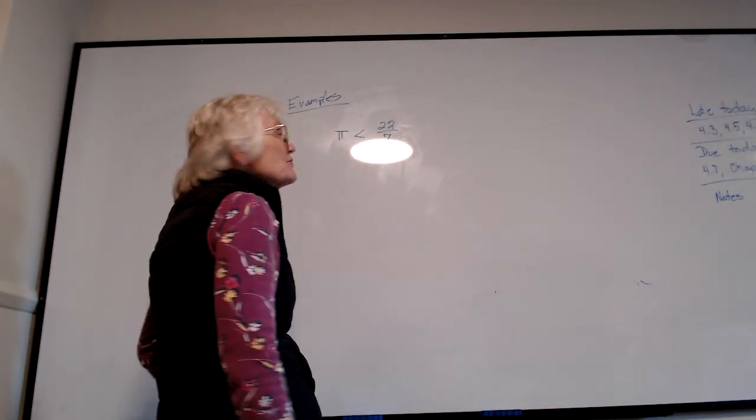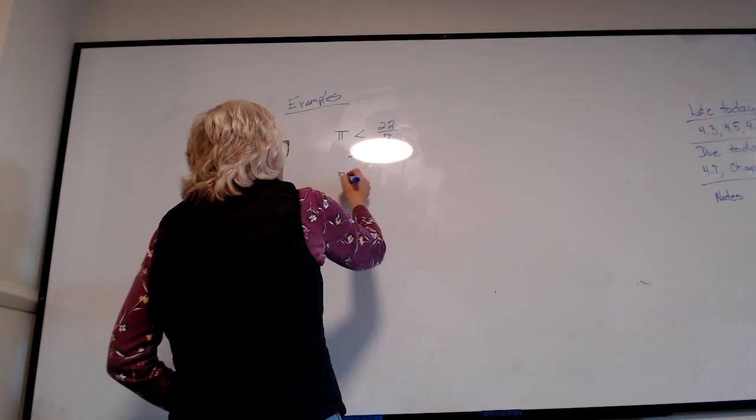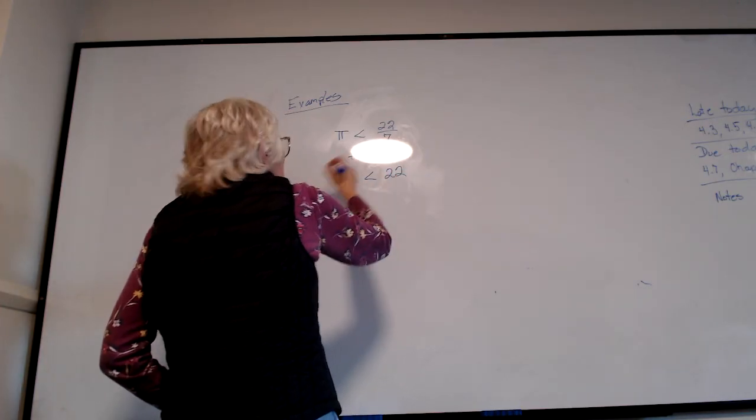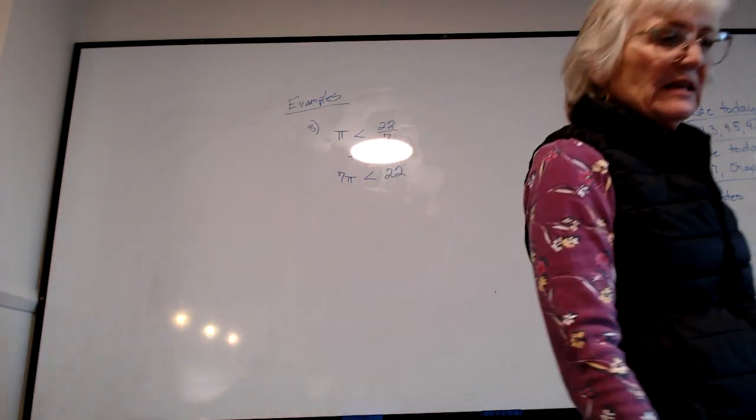If that's true, then 7 pi is less than 22. This is problem number 8 on your paper.